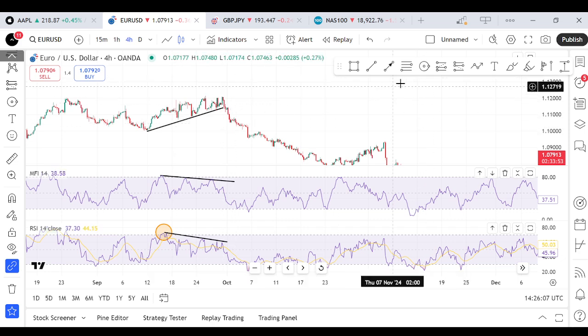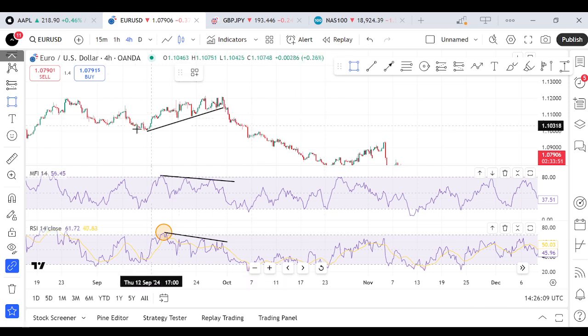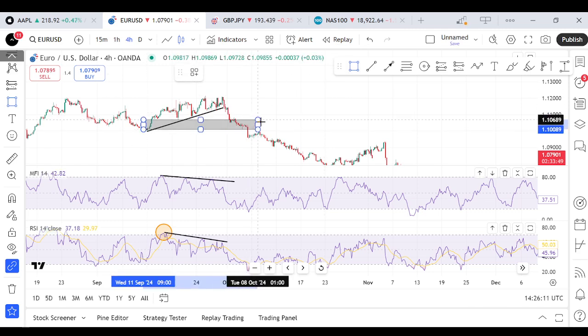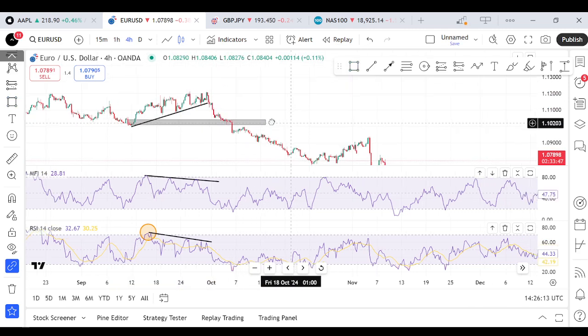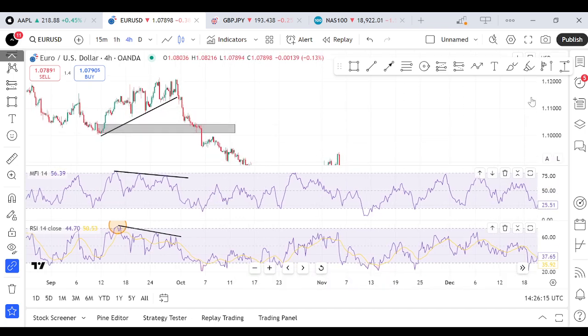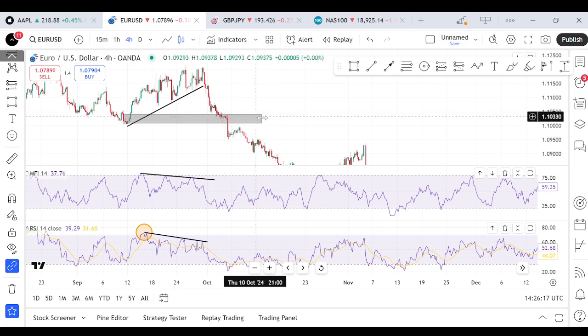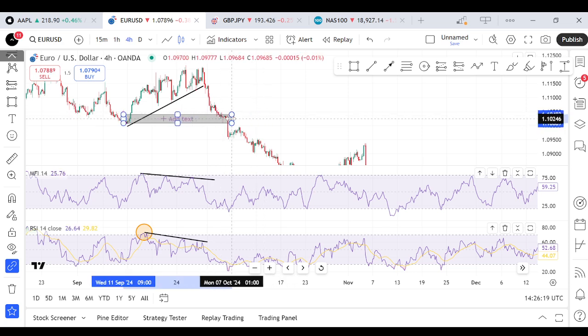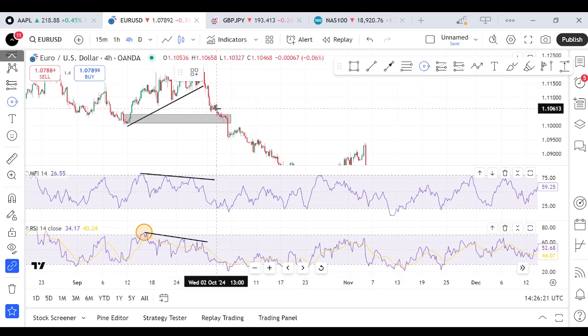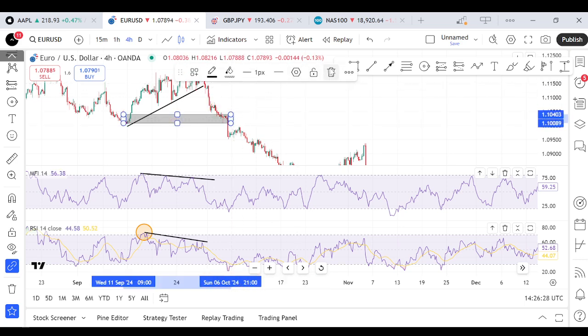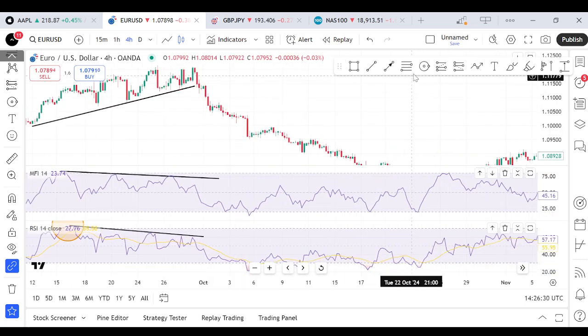So looking at this, we could look to spot key levels like this one, and look to sell at these pullbacks here, this consolidation here, to take our sell trades. You can also see this bearish engulfing candlestick pattern.